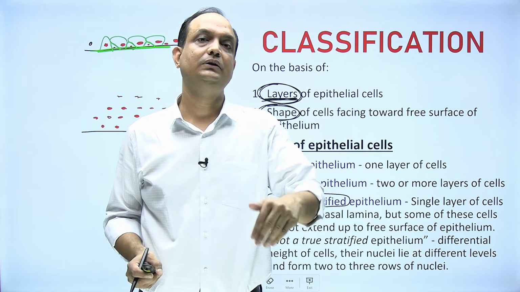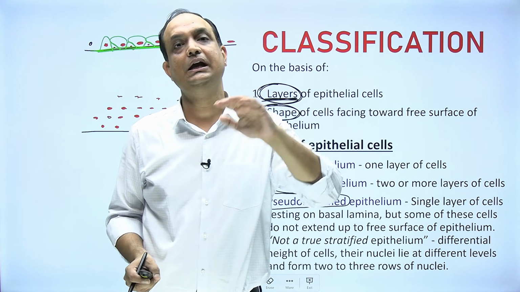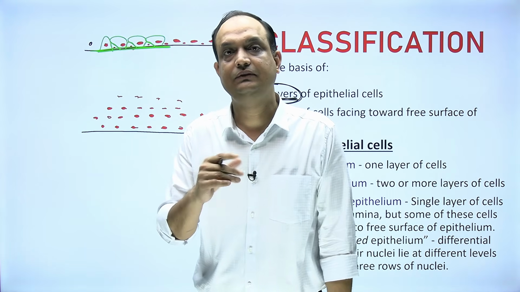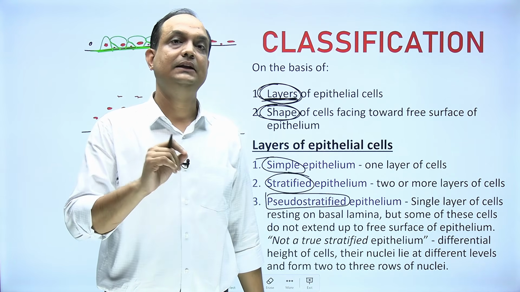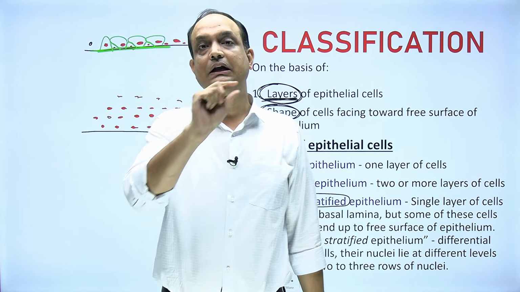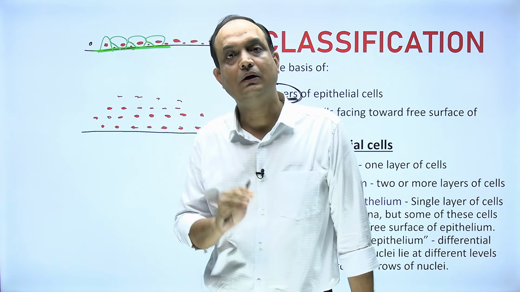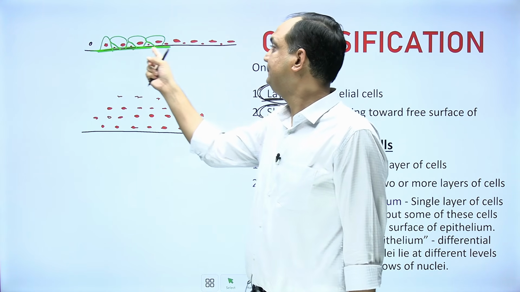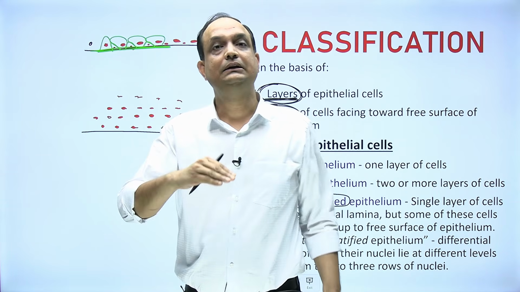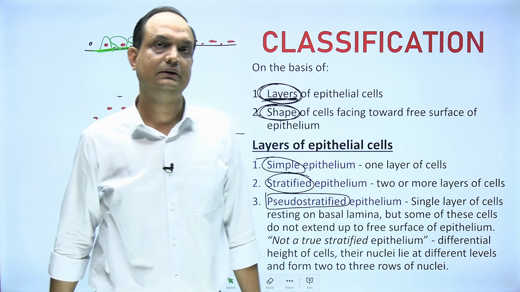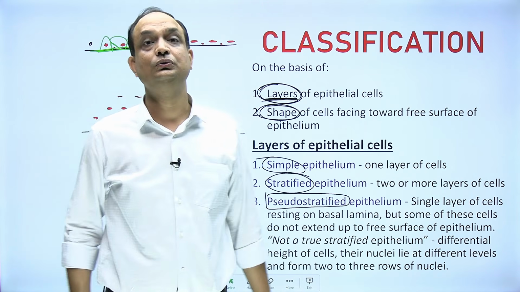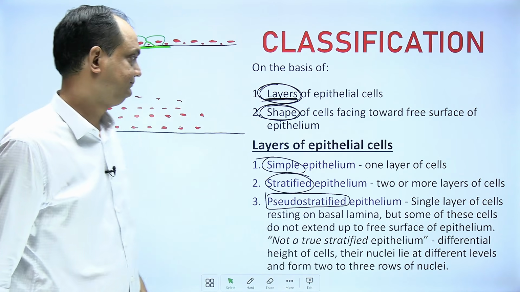If you are dealing with more than one layer of nuclei, you are dealing with a stratified epithelium. But there is an exception where you are dealing with two layers of nuclei, and that is pseudo-stratified, because all cells are present on the basement membrane and the height of the cells is different. Clear? So that is the pseudo-stratified epithelium.